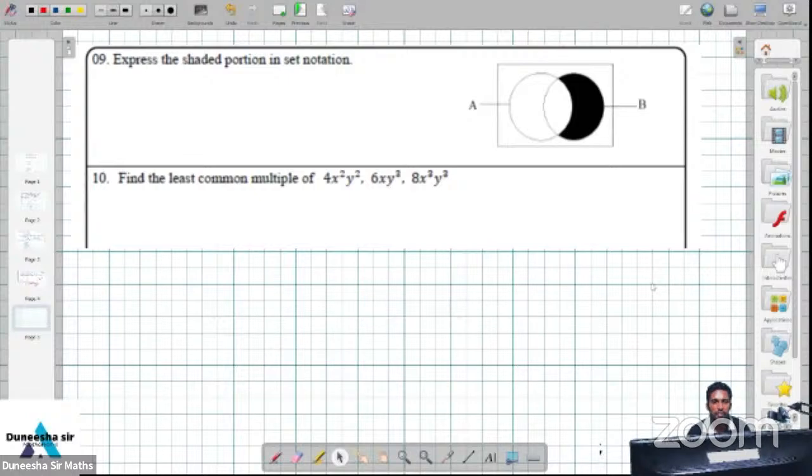Okay. Express the shaded portion in set notation.